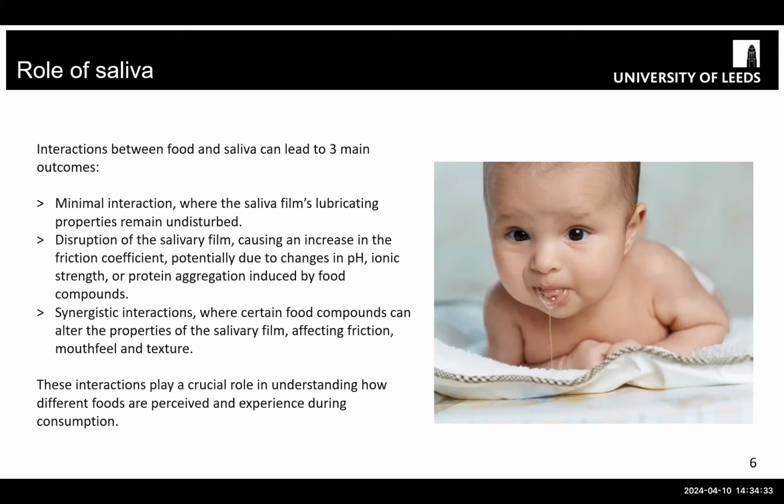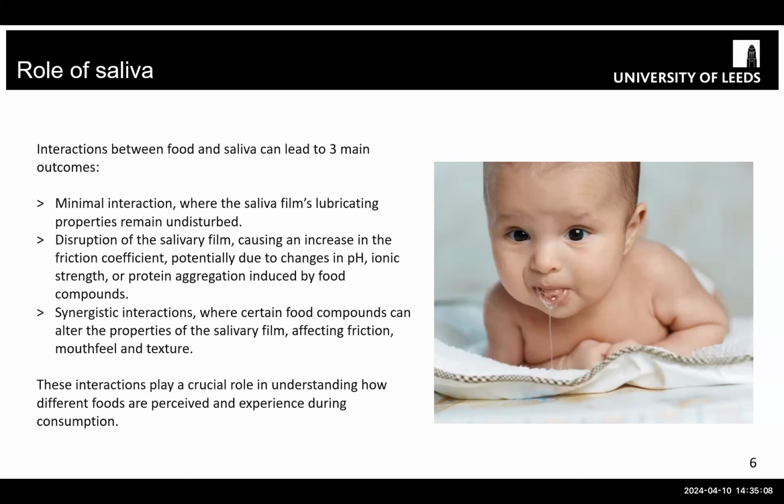Either there are minimal interactions, where the saliva film's lubricating properties remain undisturbed, or it can lead to a disruption of the salivary film, causing an increase in friction, potentially due to changes in pH or ionic strength, or protein aggregation induced by some food compounds, such as polyphenols.